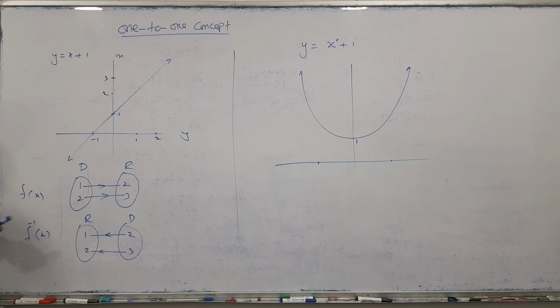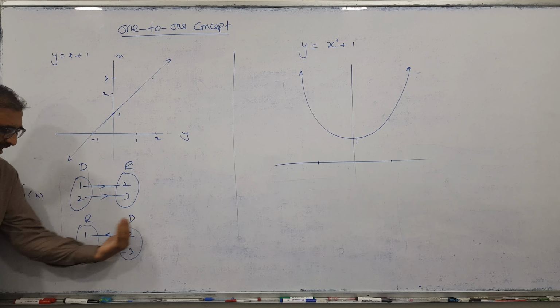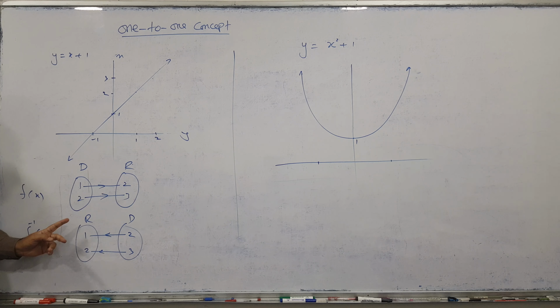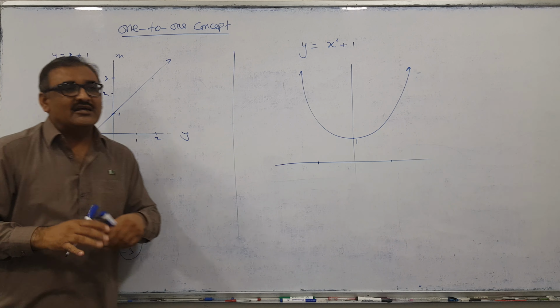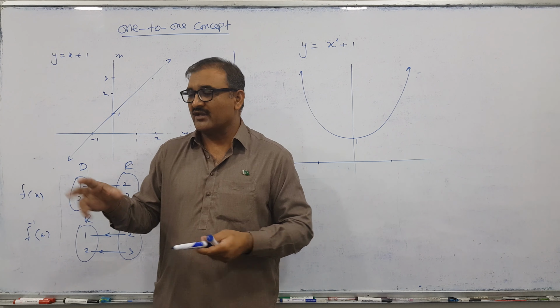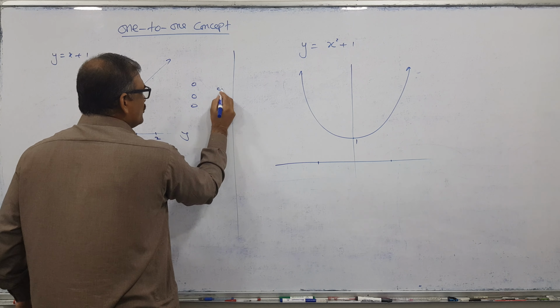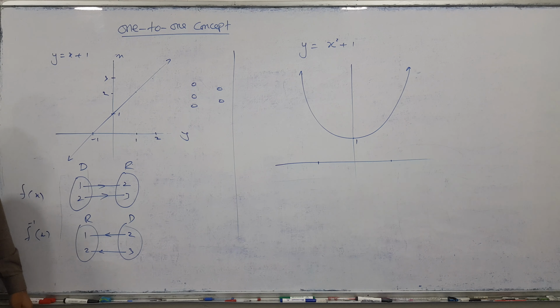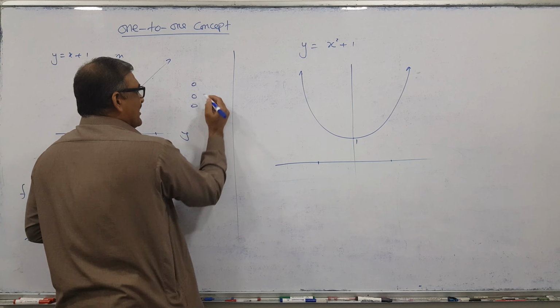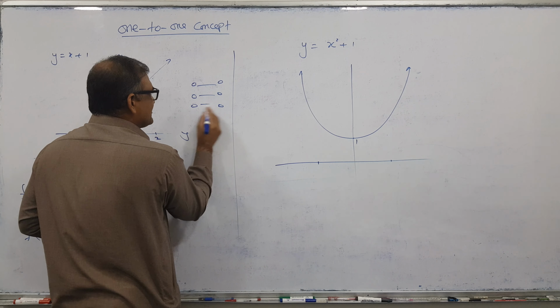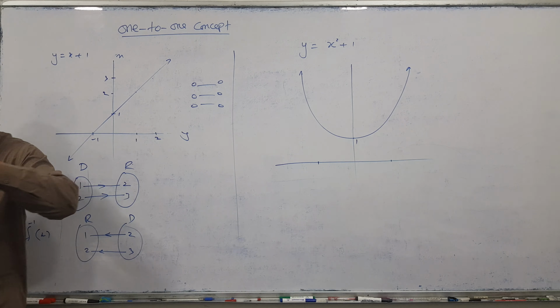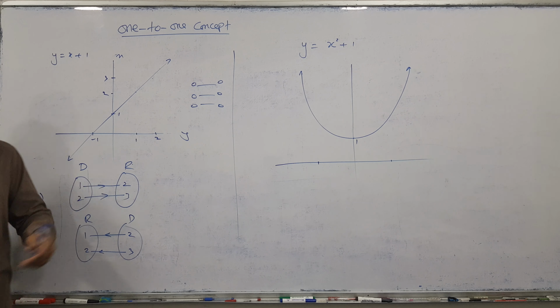So you can see that going from left to right, I have one value of x, one value of y. Coming backward, one x value, one value of y. It is called the one-to-one idea. What is one-to-one? For example, if there are 3 people standing here, 1, 2, 3, and here only 2, is it called one-to-one? No way. But if we have 3 people here and 3 people sitting in front of each other, this is called one-to-one.